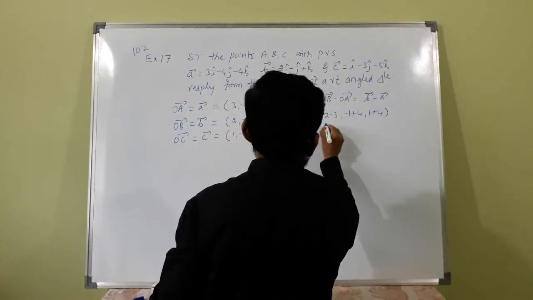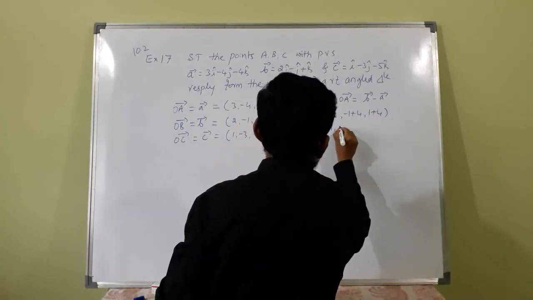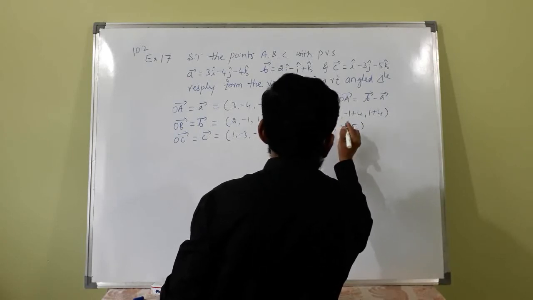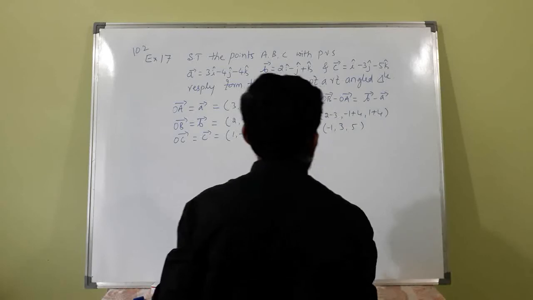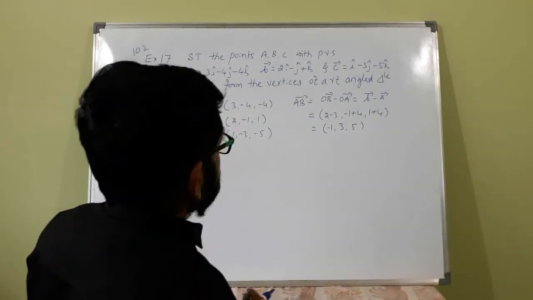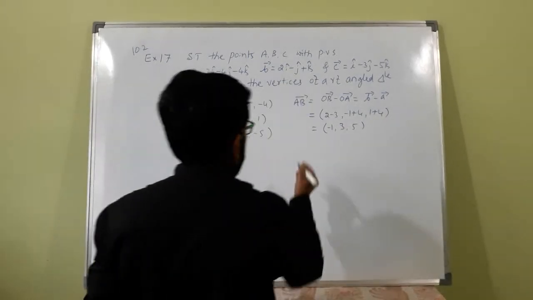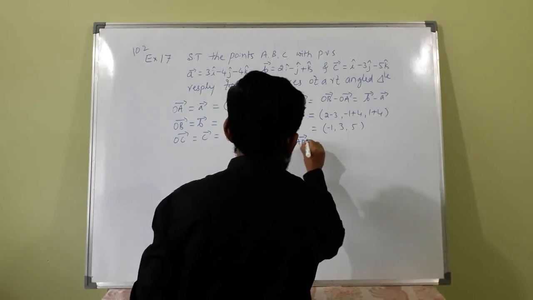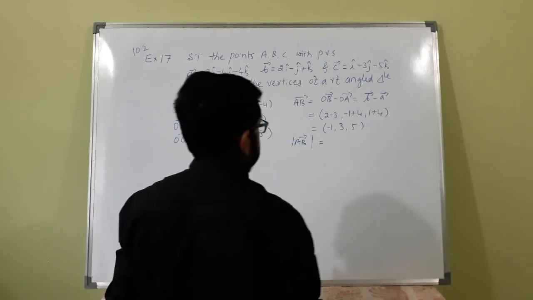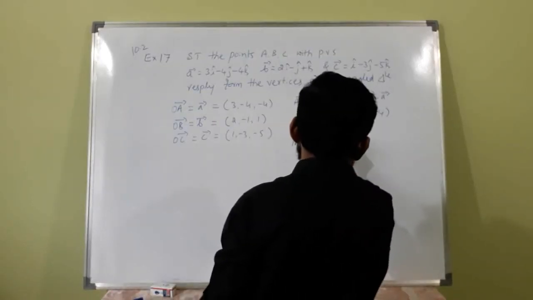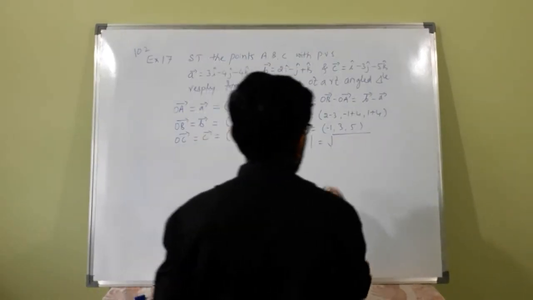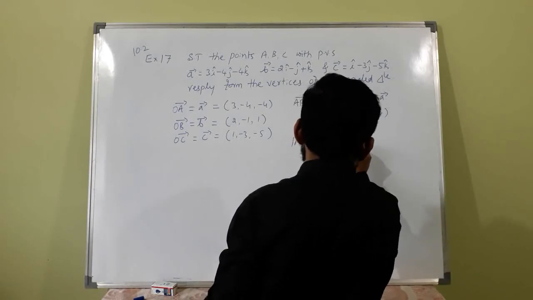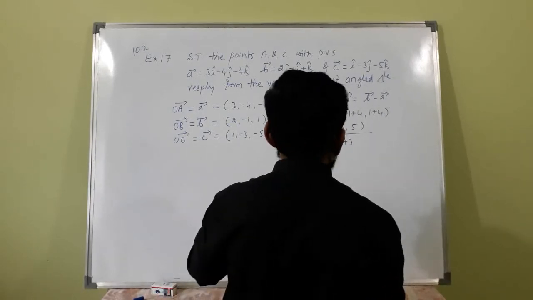So AB is minus 1, 3 and 5. So this is the AB vector. You need the magnitude of this. AB is 1 square plus 3 square plus 5 square.